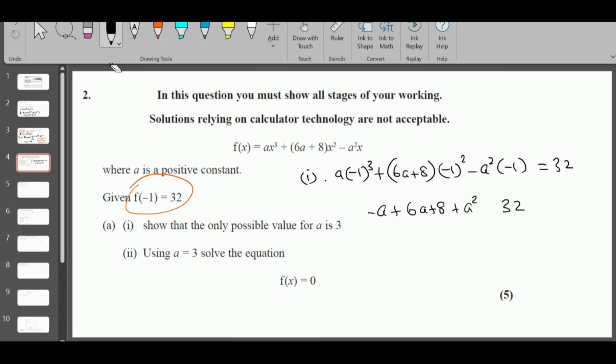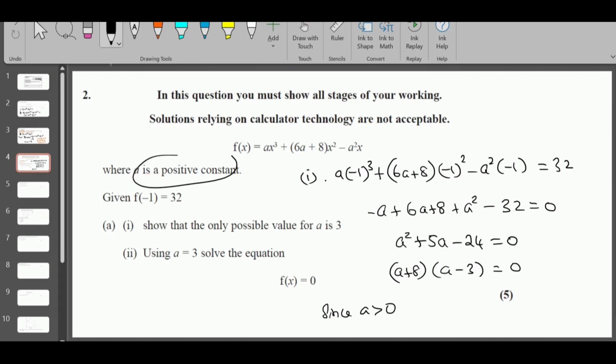Move the 32 also to this side, minus 32 is 0. So you're going to get a squared plus 5a minus 24 is 0. 8 threes are 24, so a plus 8 times a minus 3 is 0. Since a is a positive constant, a is equal to 3. That's all for I.